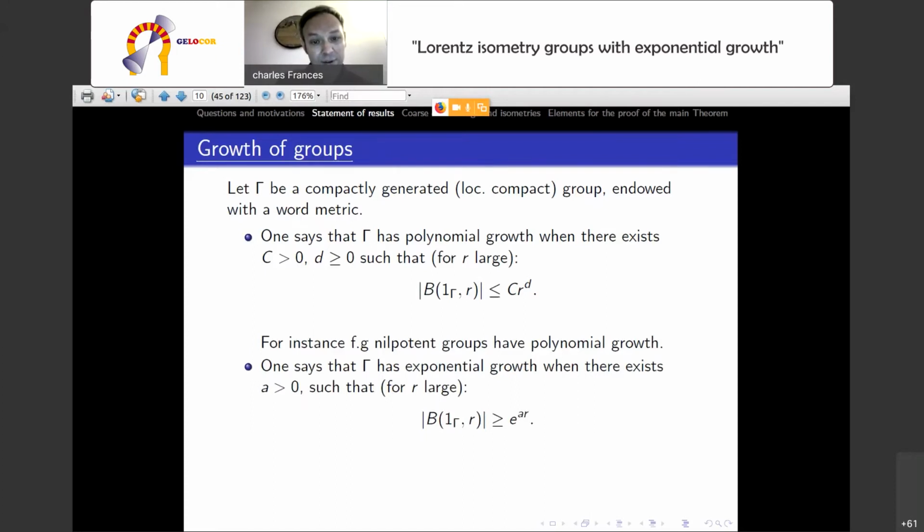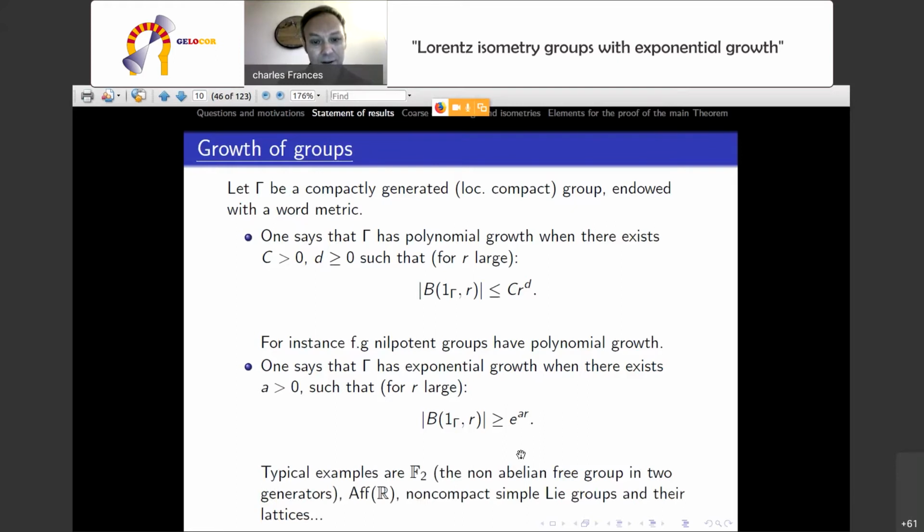Another growth behavior is exponential growth, meaning that the volume of the balls is at least some exponential function of the radius for big radii.